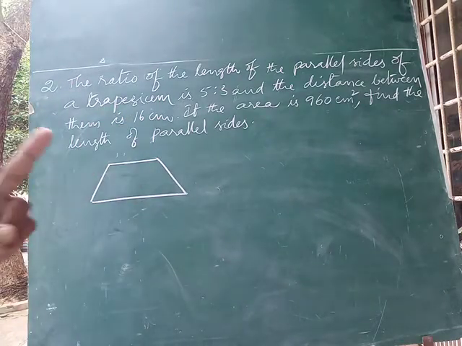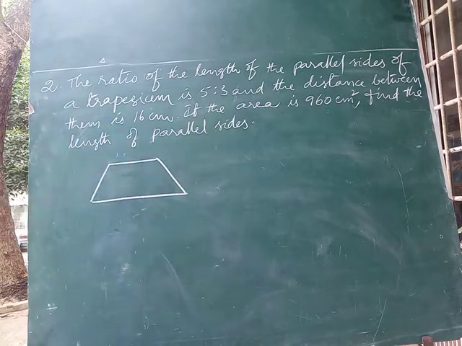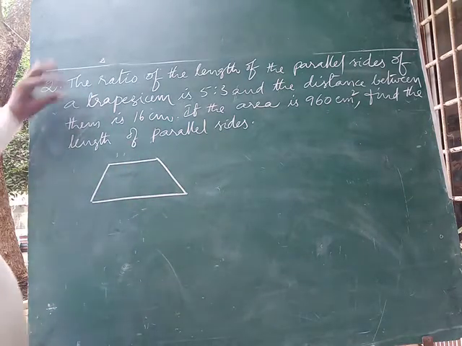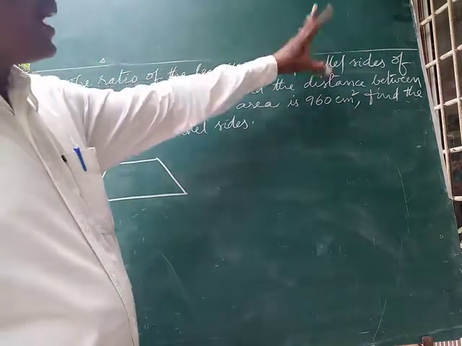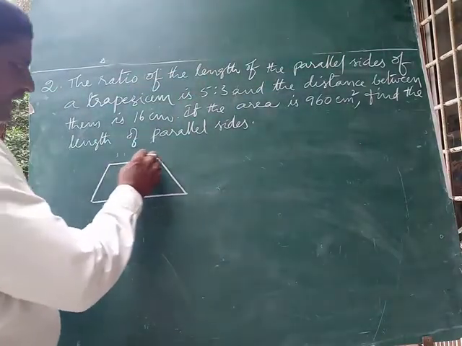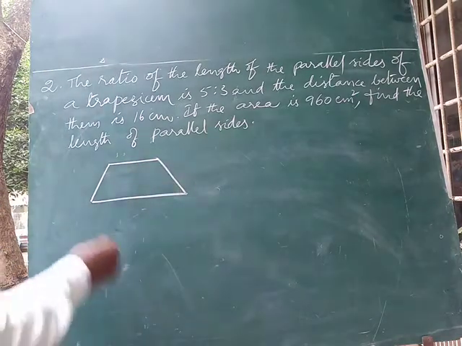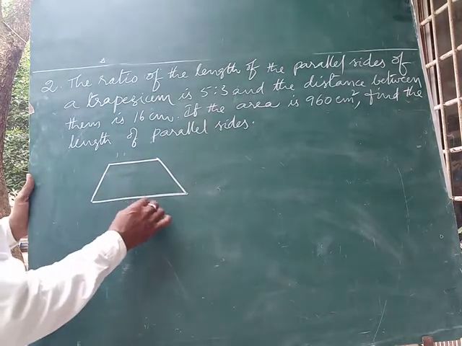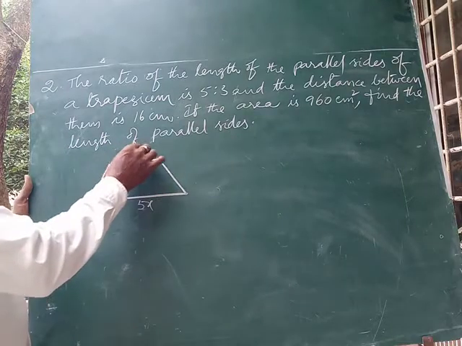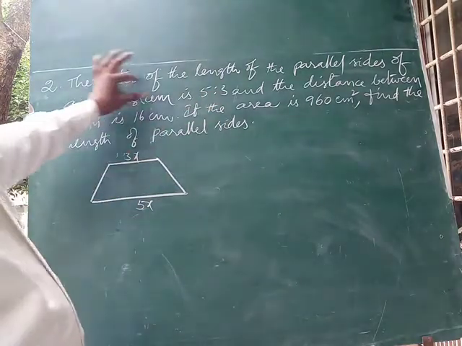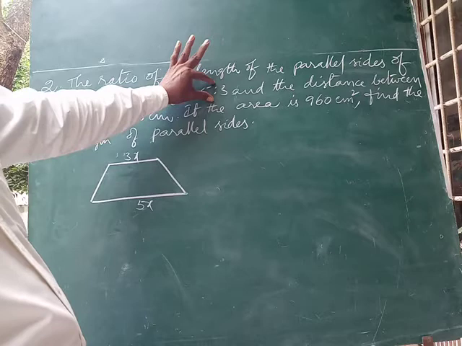Only two sides are parallel, so this is a trapezium. The ratio of the length of the parallel sides is 5:3. Let this be 5x and this be 3x.